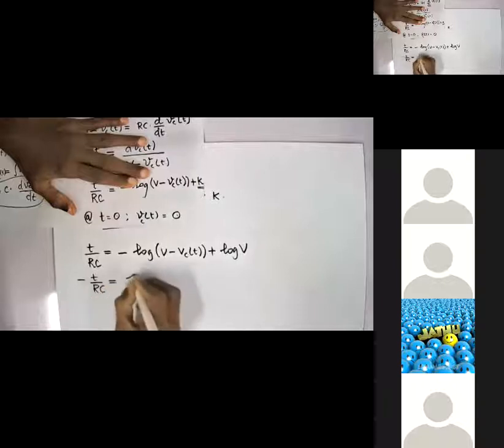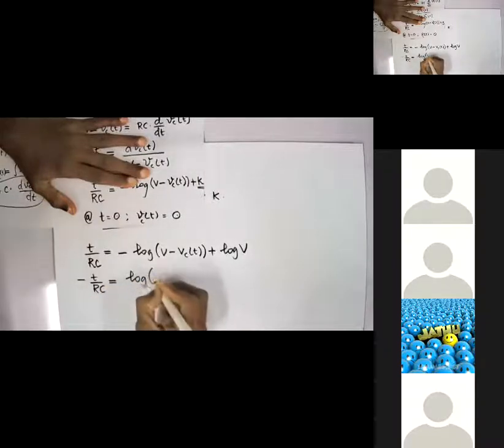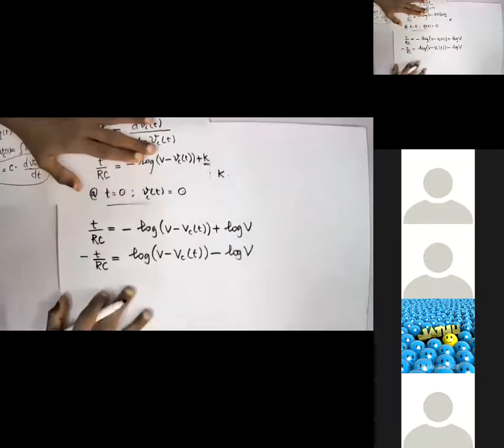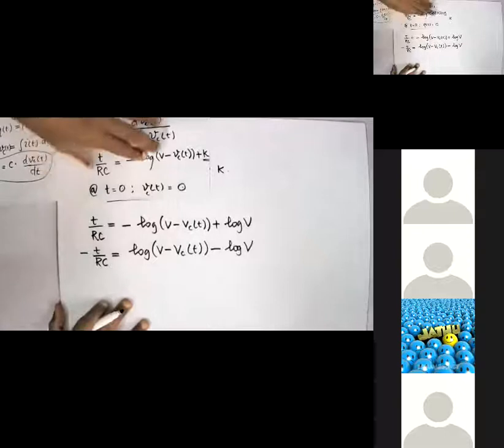Just bring it to the other side. So we can write it as minus t by RC equals log of V minus Vc of t minus log V. Clear, right? Minus log V, right?